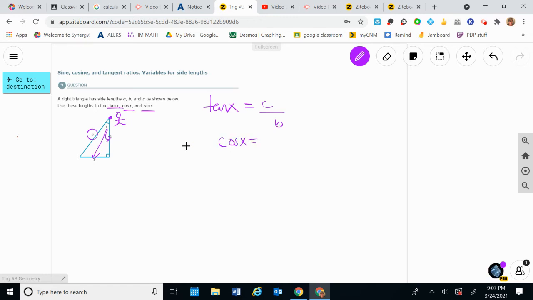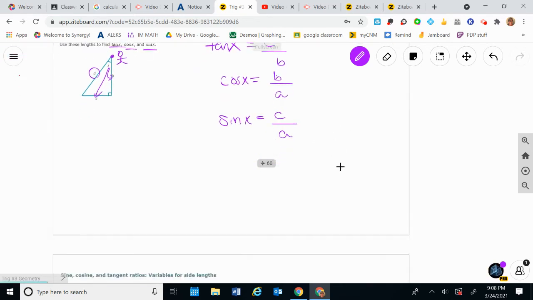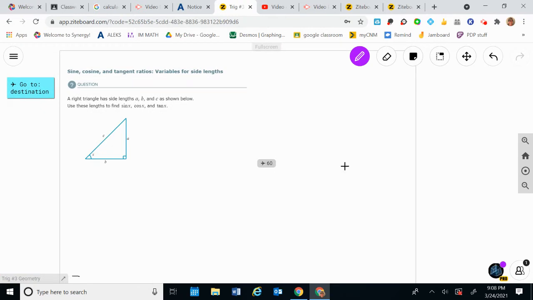Cosine of x is adjacent b over hypotenuse a. Sine x is opposite over hypotenuse, c over a. And those are the ratios. That's a really big lesson.